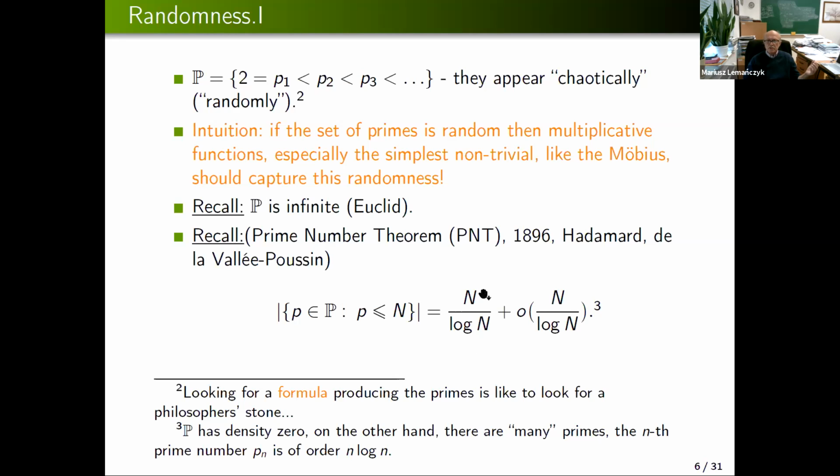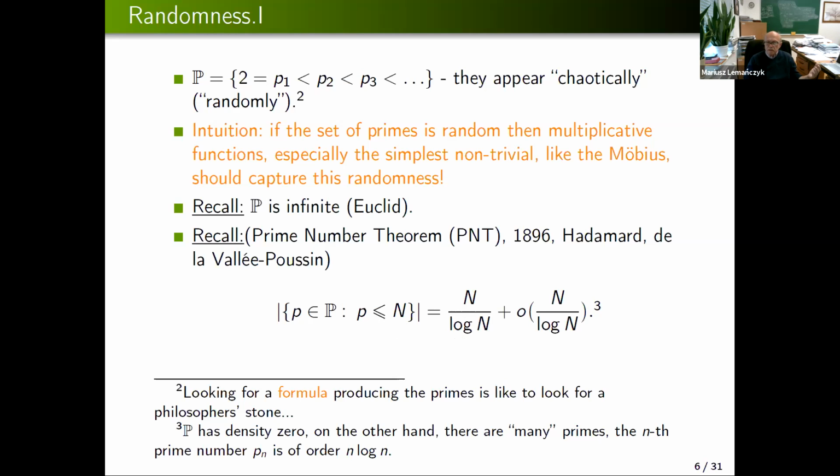So the density of the set of prime numbers is 0, right? Because if I look at how many prime numbers I have until N, and I divide by N, I obtain something which goes to 0, because I will obtain 1 over log N. So this goes to 0.